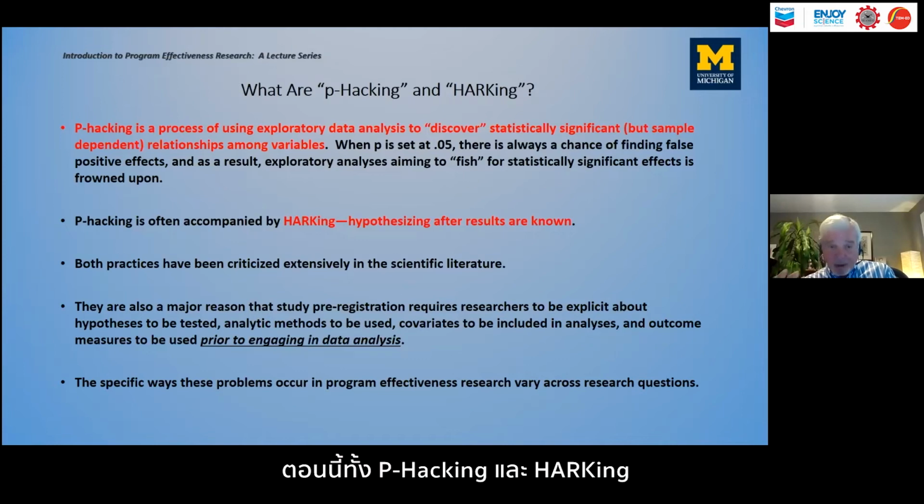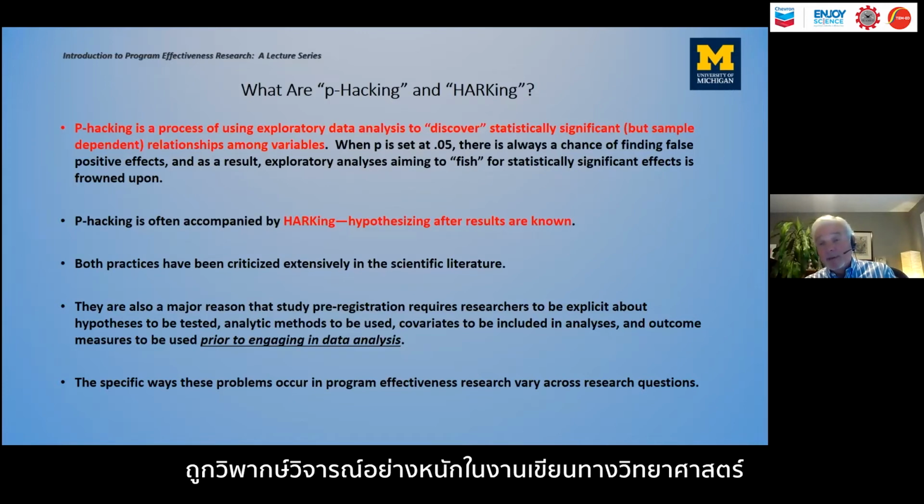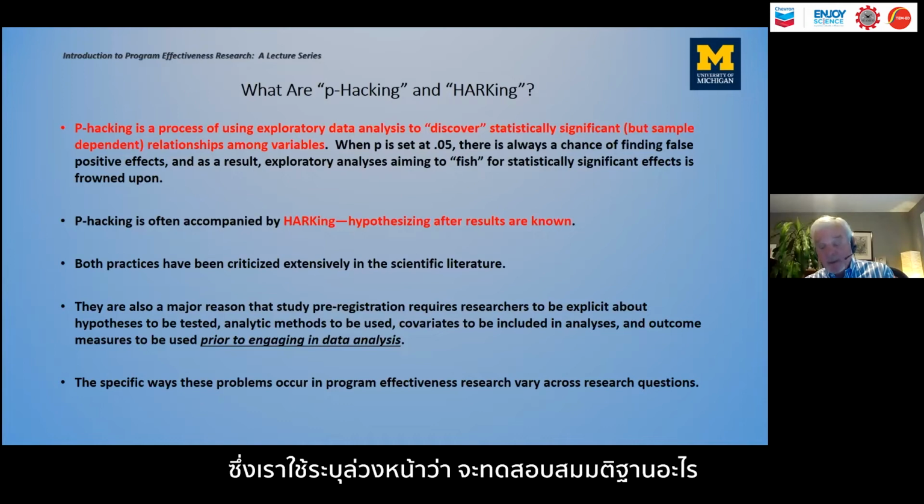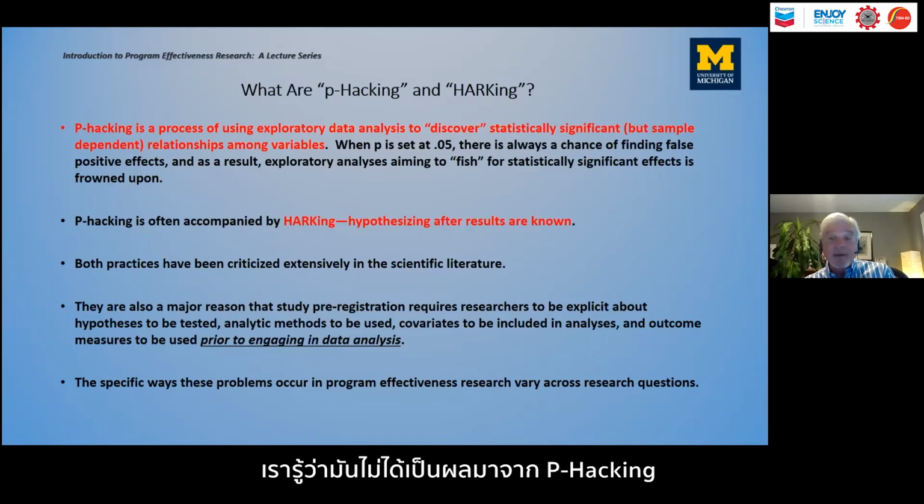Now, both harking and p-hacking have really been criticized in the scientific literature. And again, they're the reason why we ask for pre-registration, in which we specify in advance the hypotheses to be tested, so we know that they did not result from p-hacking.